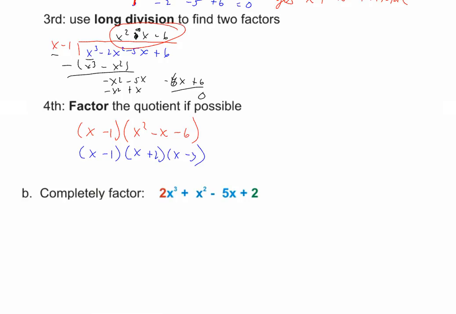Now, if we were graphing this, we would have a 0 at x equal 1, at x equal negative 2, and at x equal 3. And those are the center points of graphing this. And that's where we're heading ultimately, to graph.